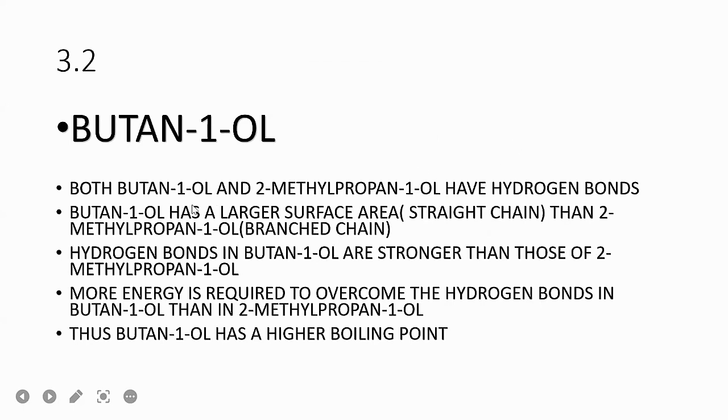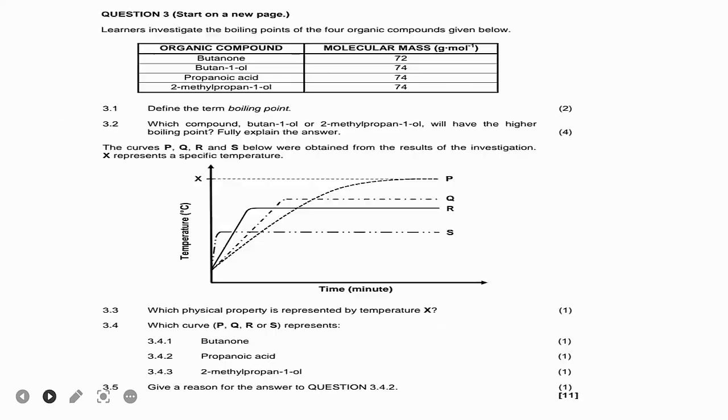But butan-1-ol has a larger surface area because it is a straight chain molecule, while 2-methyl-propan-1-ol is a branched chain. The hydrogen bonds in butan-1-ol are stronger than those of 2-methyl-propan-1-ol. Therefore, more energy is required to overcome the hydrogen bonds in butan-1-ol. Thus, butan-1-ol has a higher boiling point.